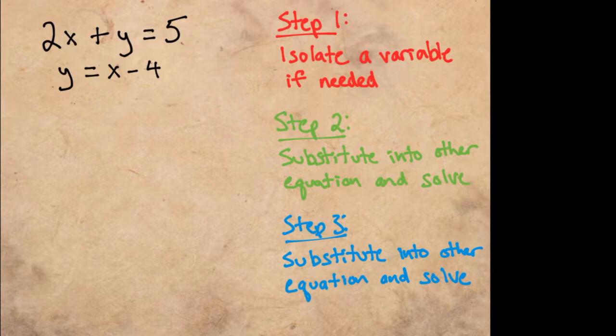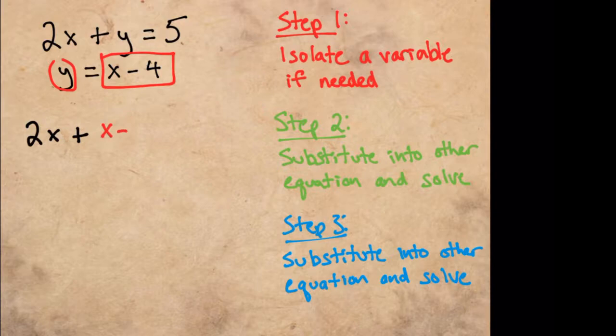If you notice, the y here is already isolated, so the equation we're going to use is x minus 4. Step 2 says to substitute that equation into the other equation. So you're going to have 2x plus, but instead of y, we substitute x minus 4, and then bring down the rest of the equation.